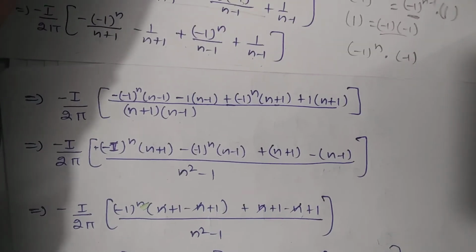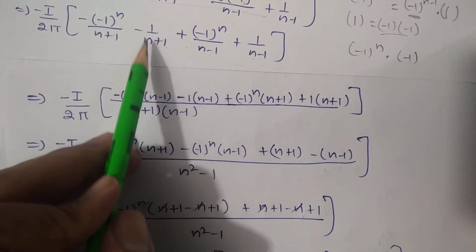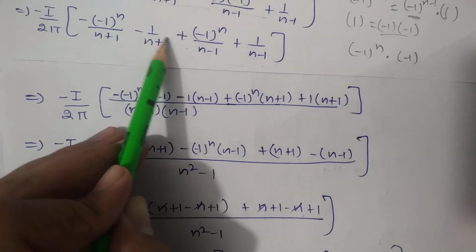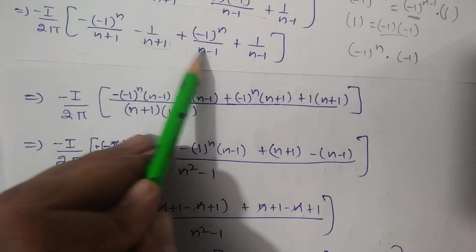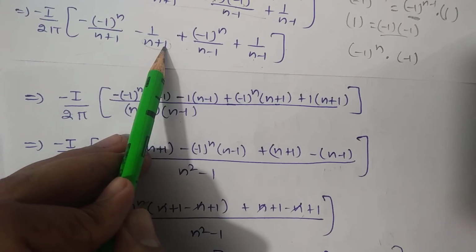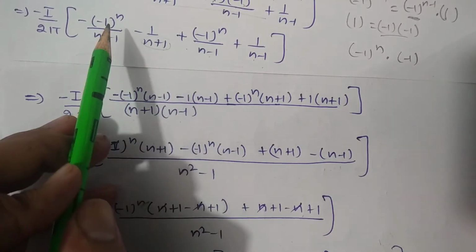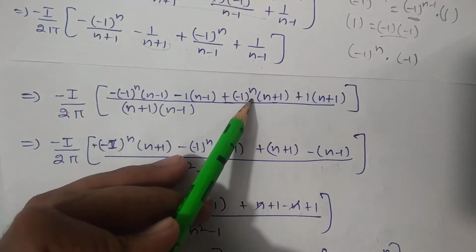Sorry for the confusion, that is 1/(n+1), and here I put −1 into (n−1), as n+1 is over there, so I have to multiply n−1 with that. So in the upper side also n−1 will be multiplied. That is just the LCM, you can take it. Similarly this term and this term.